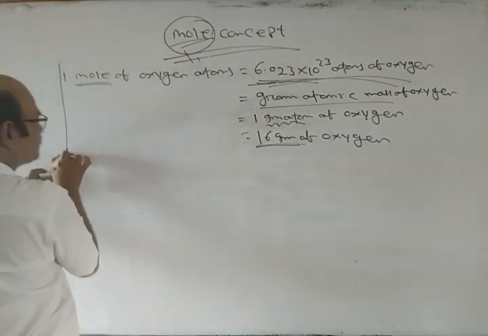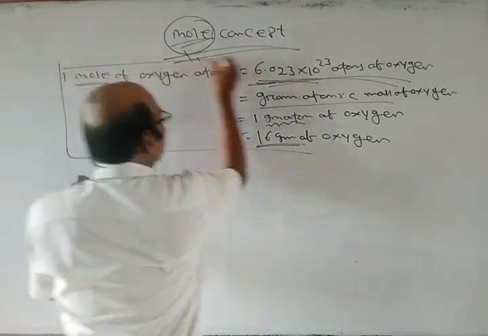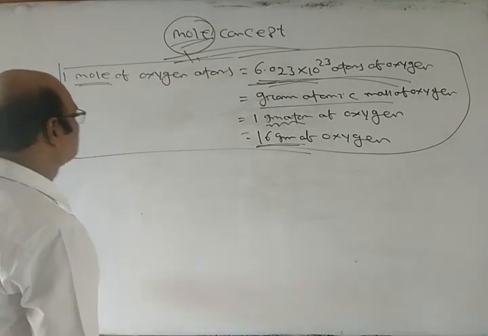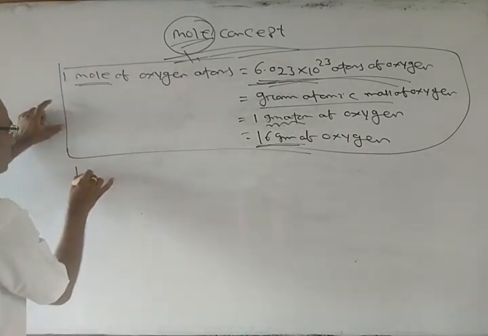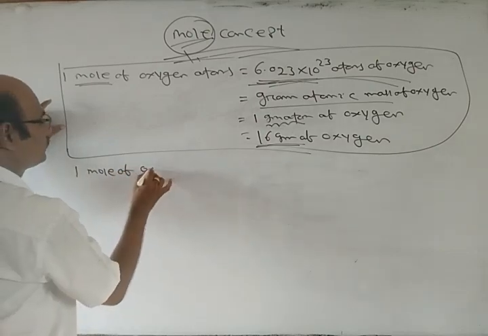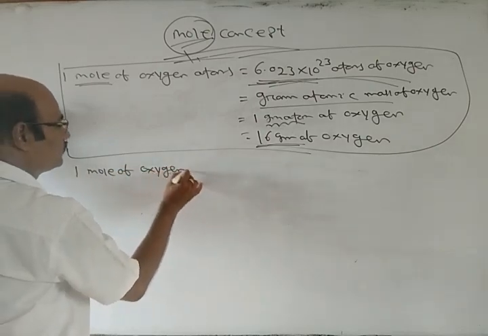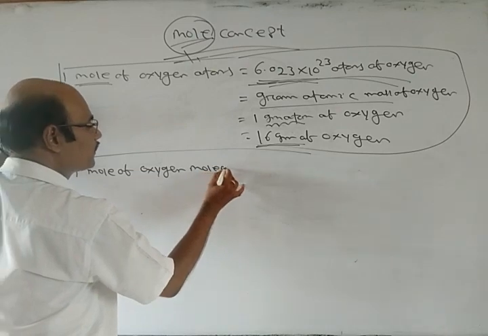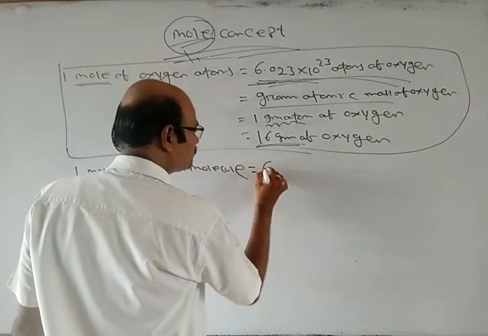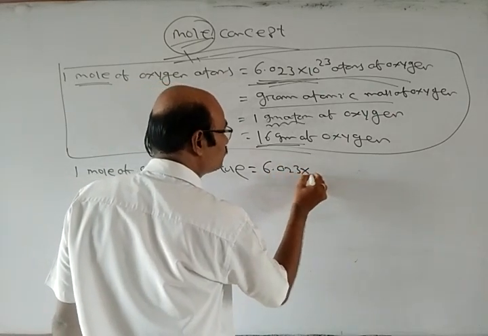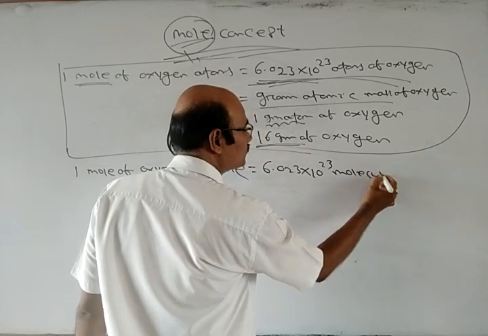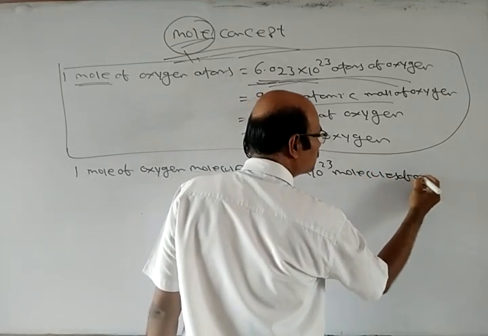Similarly, the same thing I can also relate with molecular mass. If I write 1 mole of oxygen molecule, it is equal to what? 6.023 into 10 power 23 molecules of oxygen.